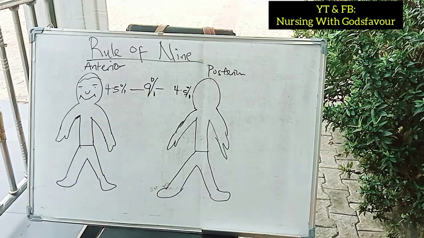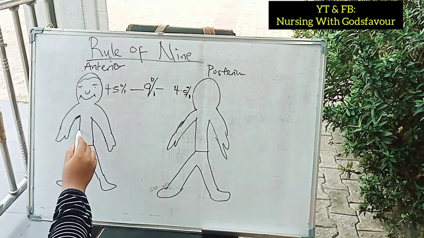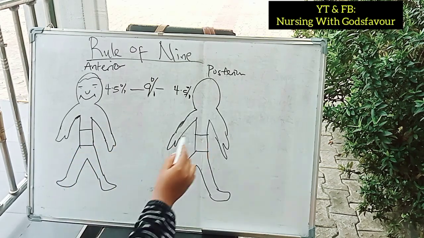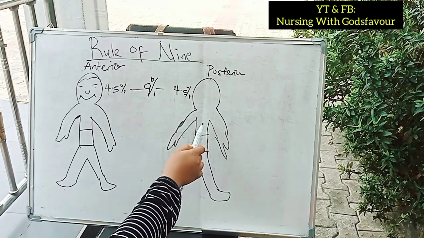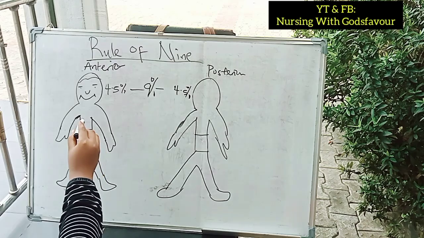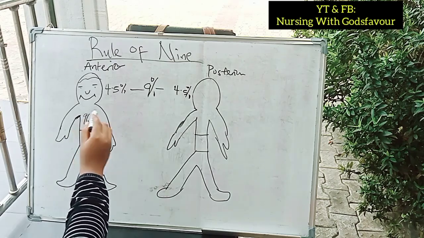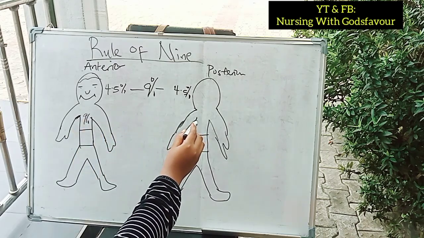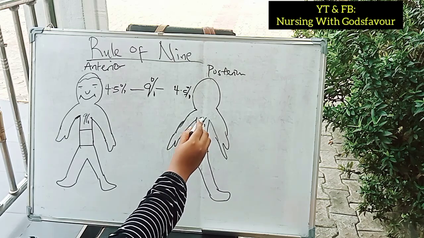Then the chest area is divided into two: from the neck to the trunk area, each of them is 9%, back and forth.